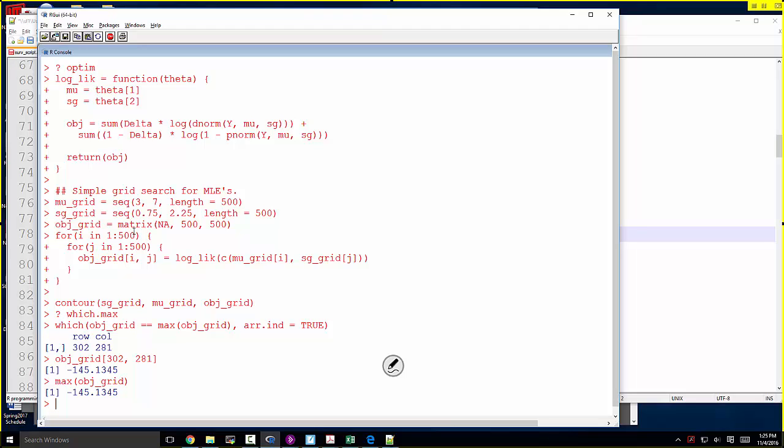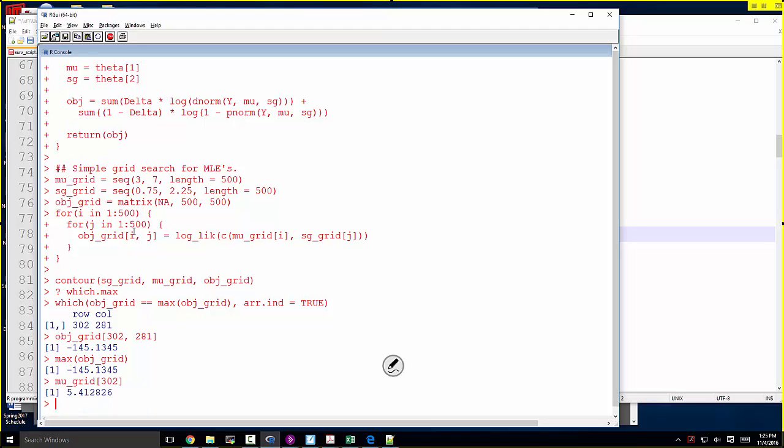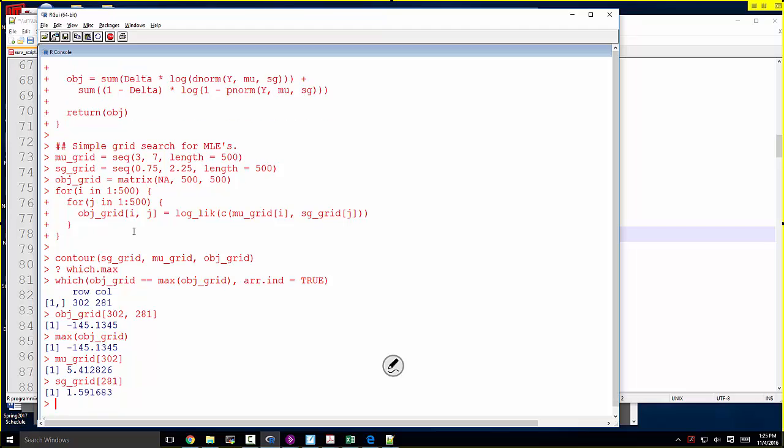That means that the MLE of mu is the 302nd element of mu grid, and our MLE of sigma is the 281st element of the sigma grid. We have an MLE of mu hat equal 5.4, sigma hat equal 1.6.